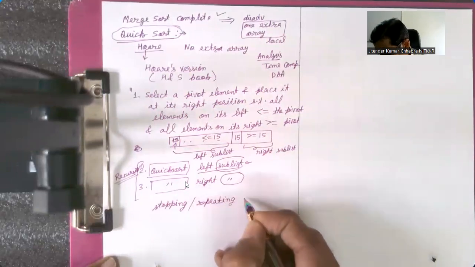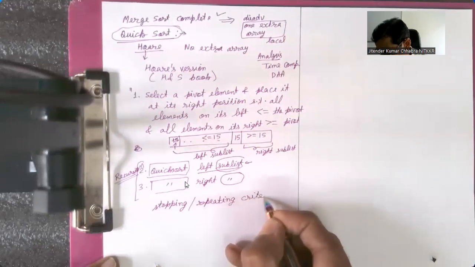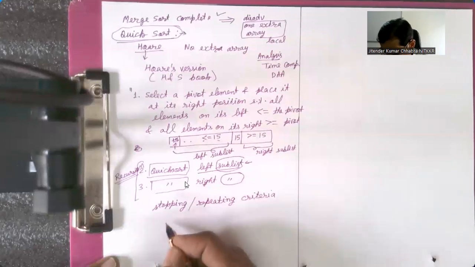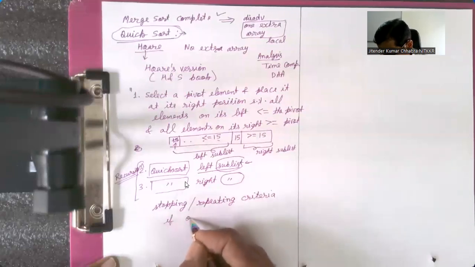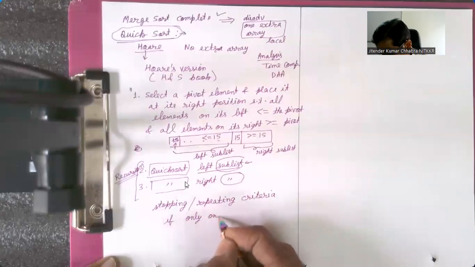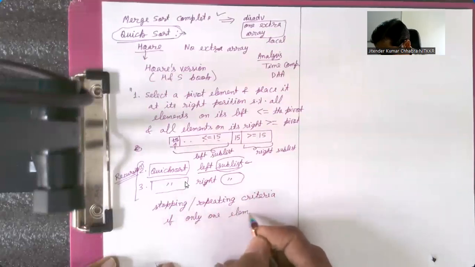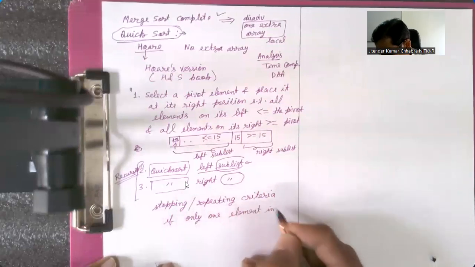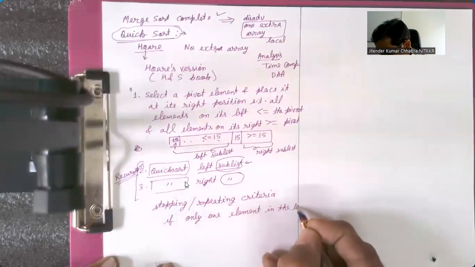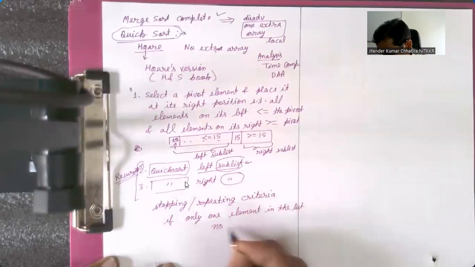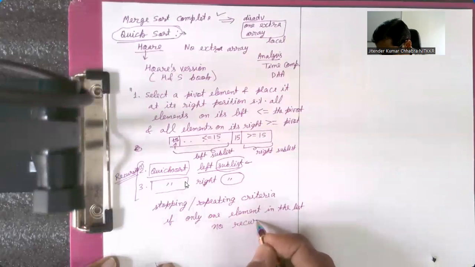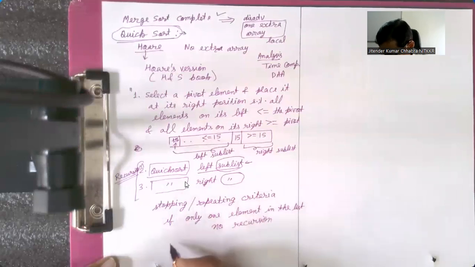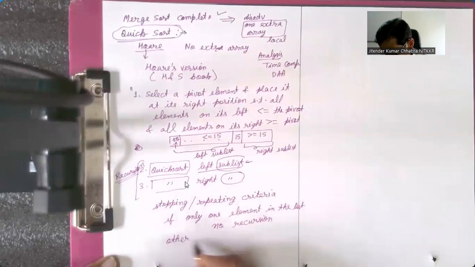So we have to know the stopping criteria also. Obviously, in all sorting algorithms, if only one element is in the list, no recursion is needed. Nothing to be done, the list is already sorted. Otherwise, we have to do that.